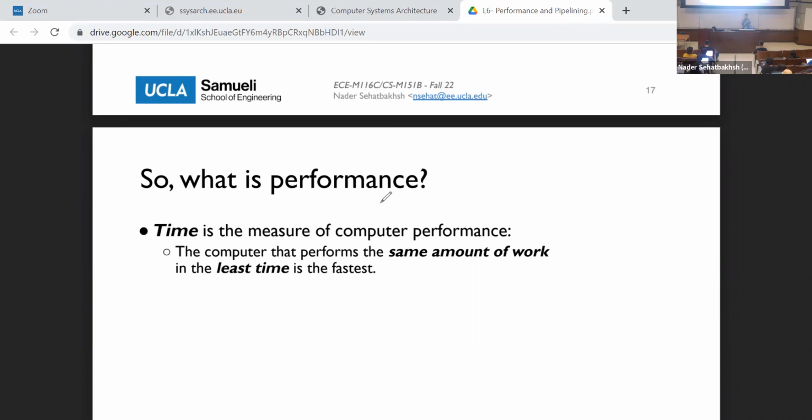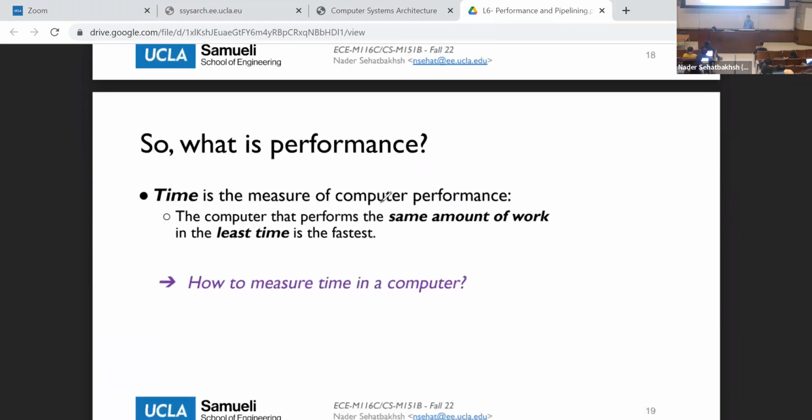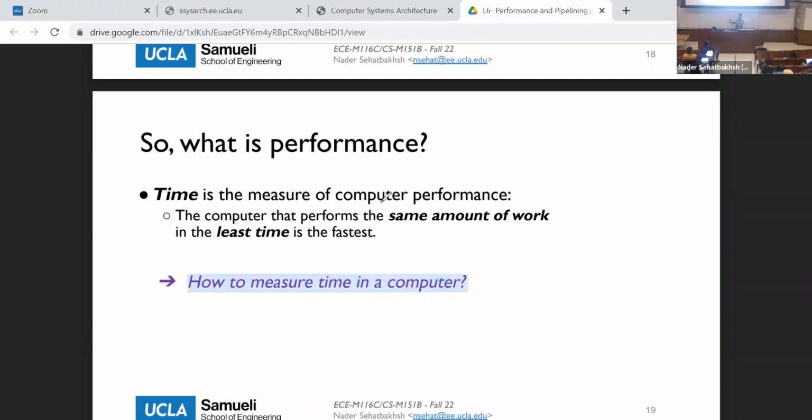If we have two computers that do exactly the same thing, so the workload for both is exactly the same, then we say that one computer is more performant or faster if it takes the least amount of time to finish that task, right? This is pretty trivial. But the biggest question is, if I give two different applications to a computer, how do we measure time for these? Measuring time may sound trivial, but in reality it may not be something that we can easily measure.